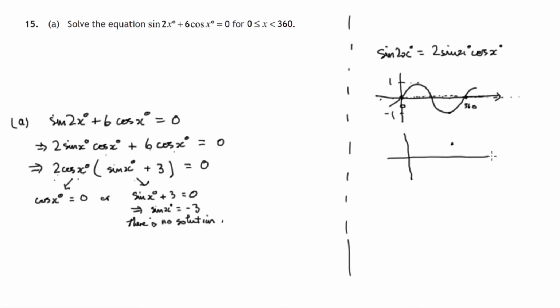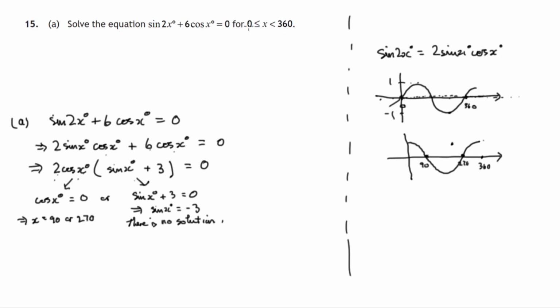And just a reminder of the cosine graph. There's your 360, it's back up to 1. But there and there, the cosine of this angle 90 and the cosine of this angle 270 have a value of 0. So this would imply that x equals 90 or 270. So solve this equation.